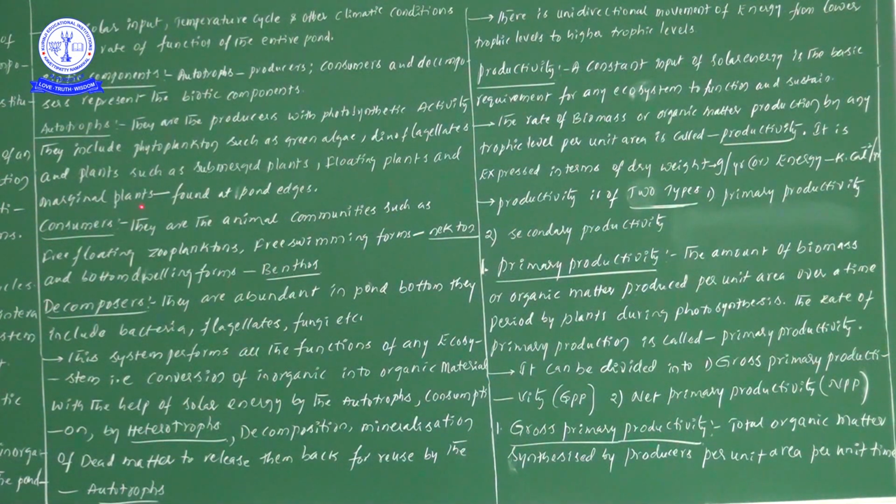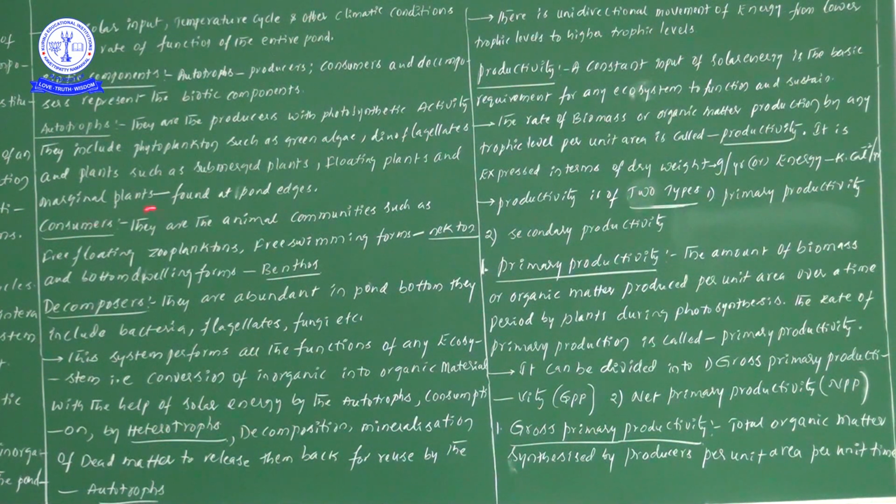Marginal plants are found at the edges of ponds, so we can definitely observe them. In the pond ecosystem, which is our best example, first there are very tiny microscopic phytoplanktons, green algal members and dinoflagellates.